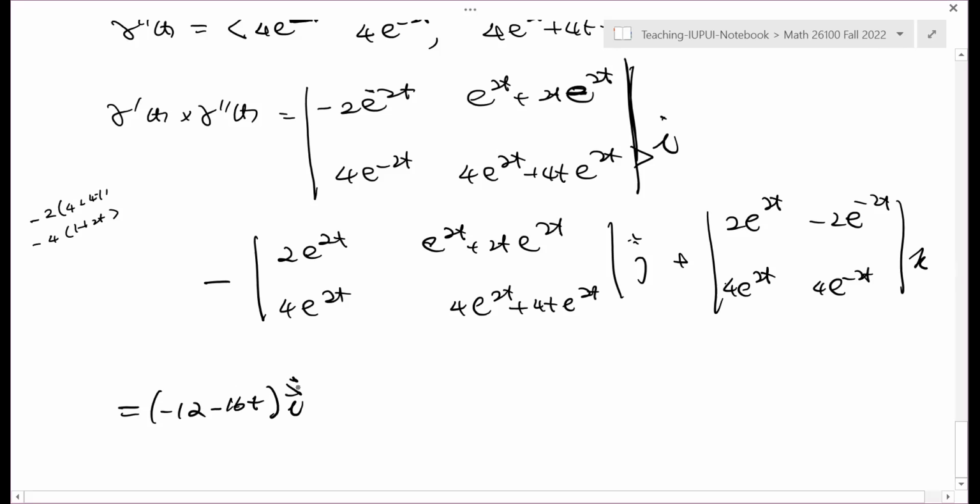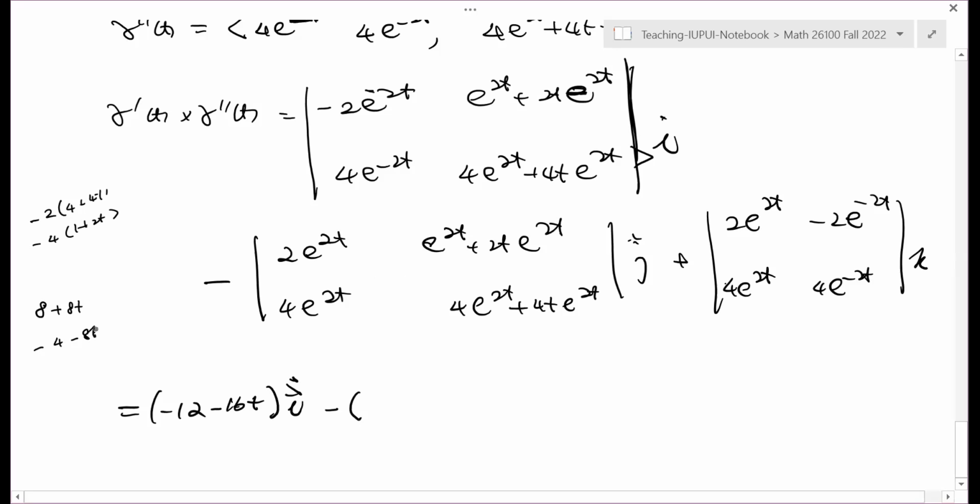Right? And then the next one, you have an e to the 2t here. So the next one will be, let me see, 8 plus 8t minus 4 minus 8t.